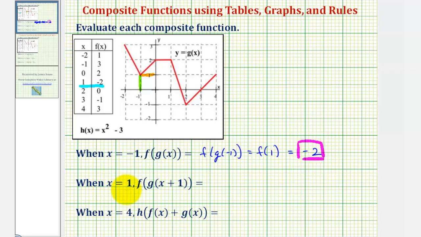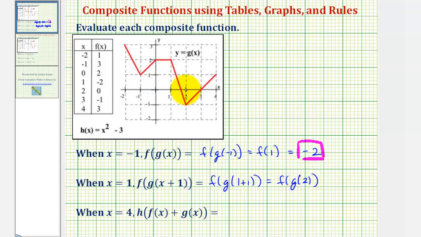Next, we're given x equals 1. We want to find f of g of the quantity x plus 1. And since x equals +1, this would be f of g of 1 plus 1, or just f of g of 2. So now again, we'll look at the graph of g and find the y value or function value when the input or x value is +2.